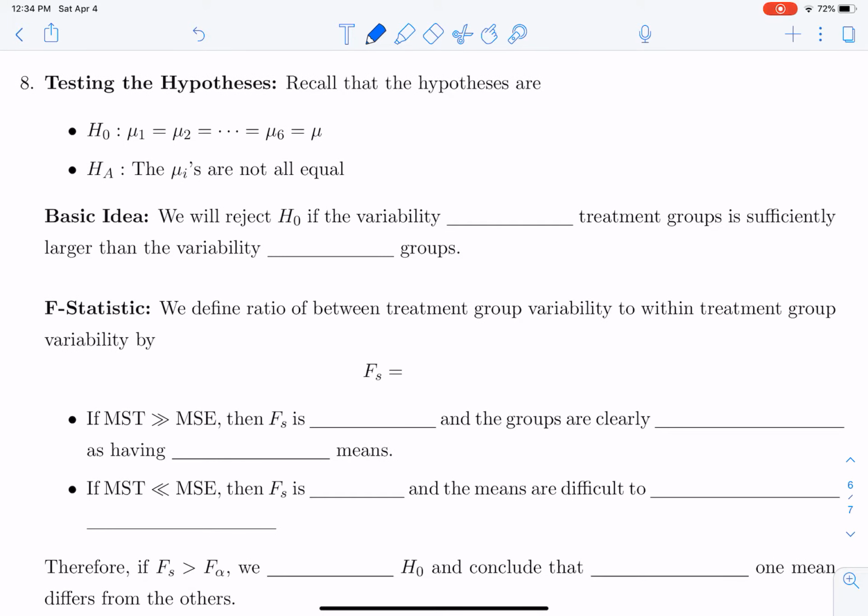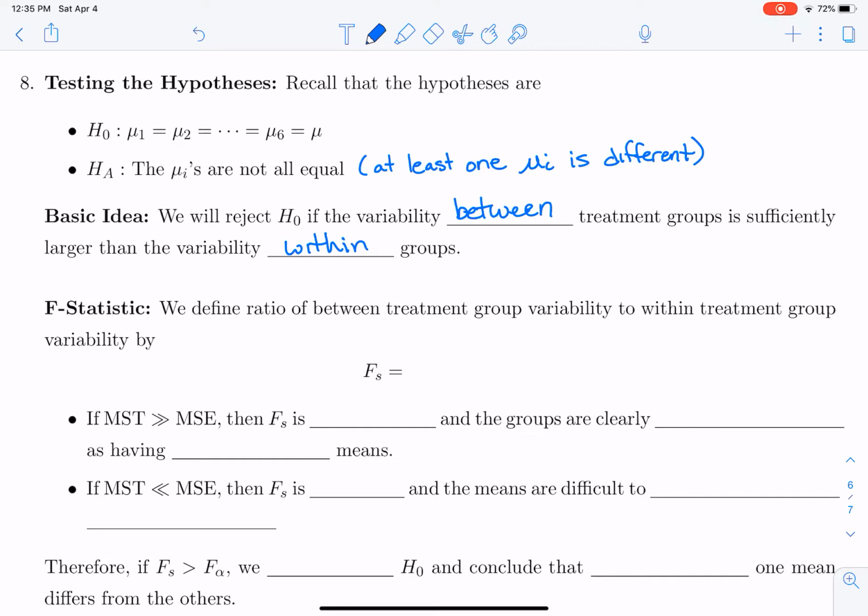The alternative is that they are not all equal, at least one mu sub i is different. The basic idea is that we're going to reject the null hypothesis if the variability between treatment groups is sufficiently larger than the variability within treatment groups.